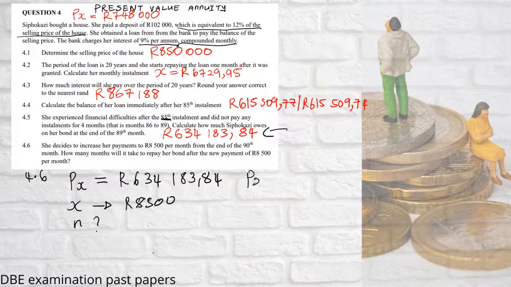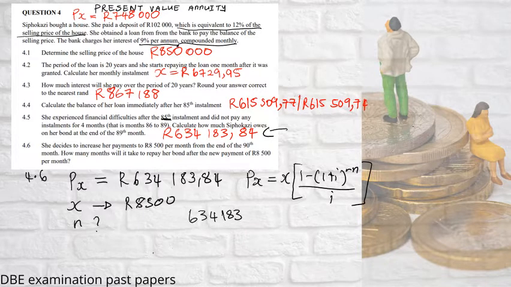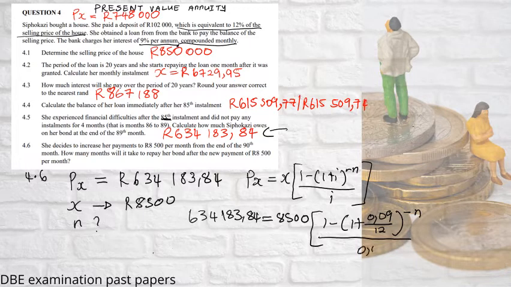We're going to use P of X equals X into 1 minus 1 plus i exponent minus n, over i. P of X is 634,183.84, which equals 8,500 into 1 minus 1 plus 0.09 over 12 exponent minus n, divided by 0.09 over 12.